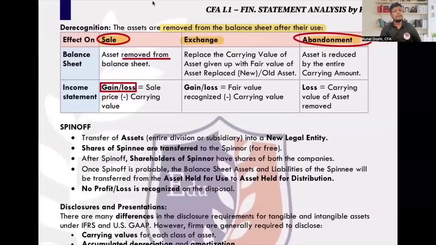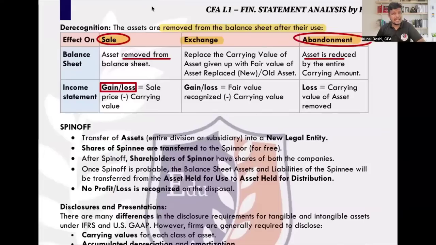Correct? But if you abandon, again, you remove the asset from the balance sheet. Asset is reduced for whatever the carrying value is. And when you abandon it, do you get anything? No, you don't get anything.